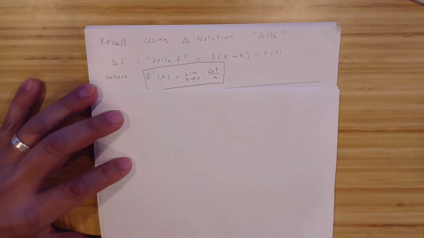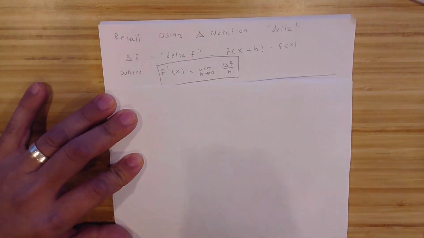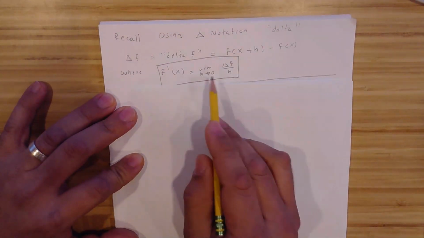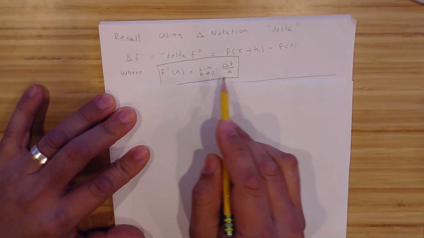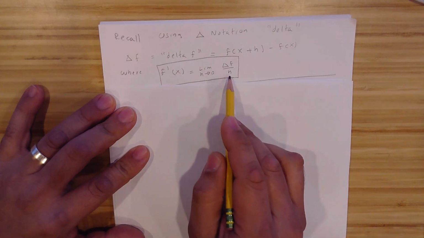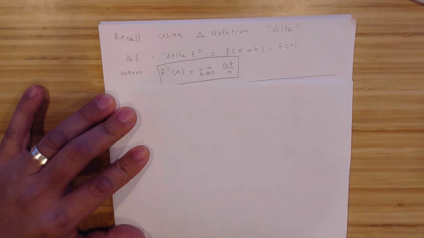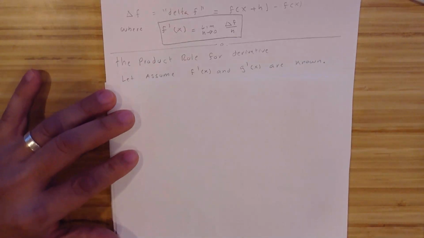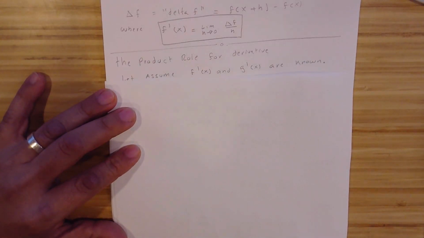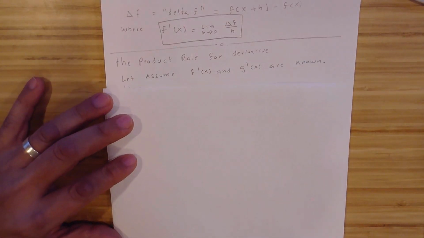So we can rewrite the derivative as the limit when h is going to 0 of delta f over h.